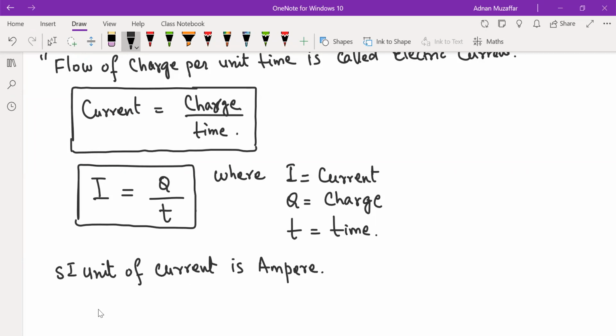And we can even define 1 ampere as 1 coulomb per second, when 1 coulomb over 1 second. So this can be a separate definition of 1 ampere.